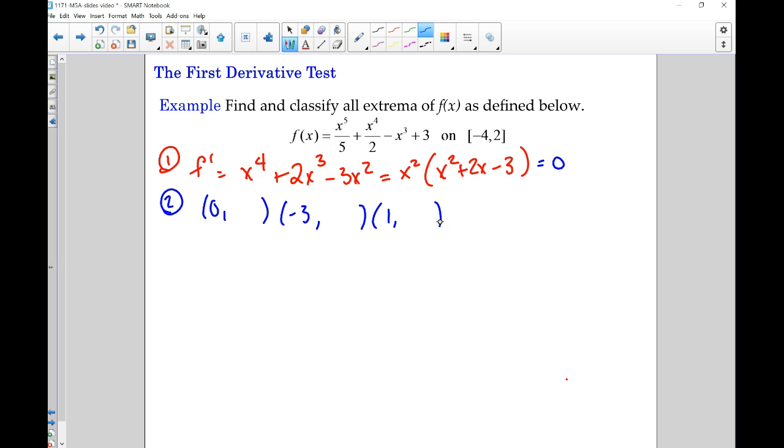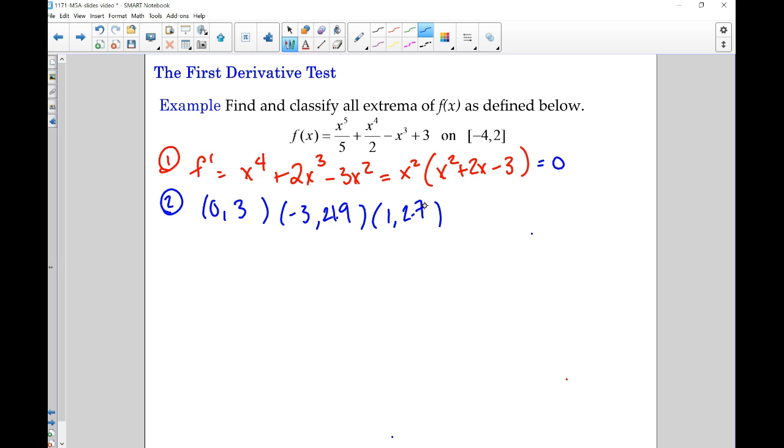Then I actually need to plug these into the function to find their values. So plugging 0 in for all the x's here, I get out 3. Put in -3 and I get 21.9, and 1 gives 2.7.